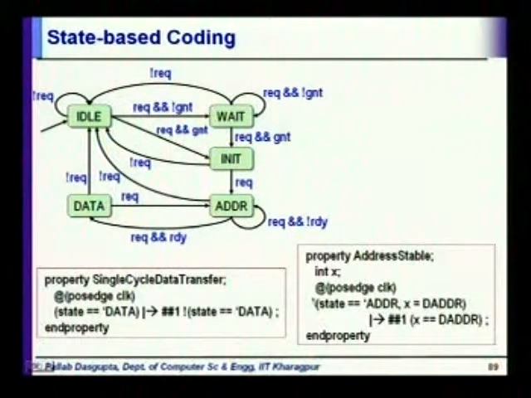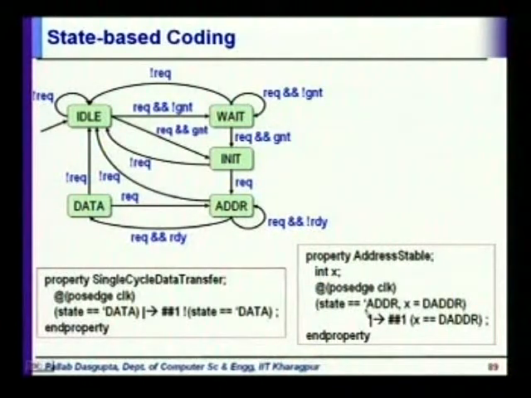See, all that $rose, $fell, etc. are not there anymore, right. Simply using the state of this machine. Remember that this state machine is part of the specification. This is not the circuit. This is something which we are writing in addition to the property. Instead of writing only properties, we are writing this state machine and we are adding on this property using the labels of the state machine, right.